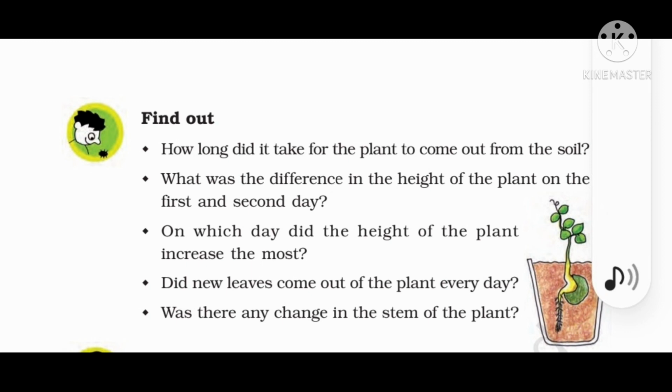During your activity and after also make a note of the following. How long did it take for the plant to come out from the soil? What was the difference in height of the plant on the first day and the second day?